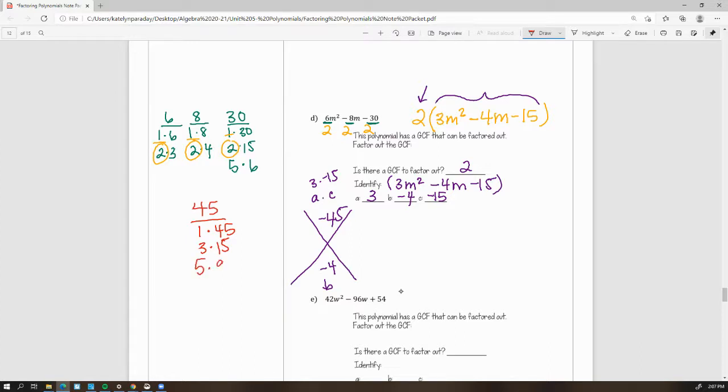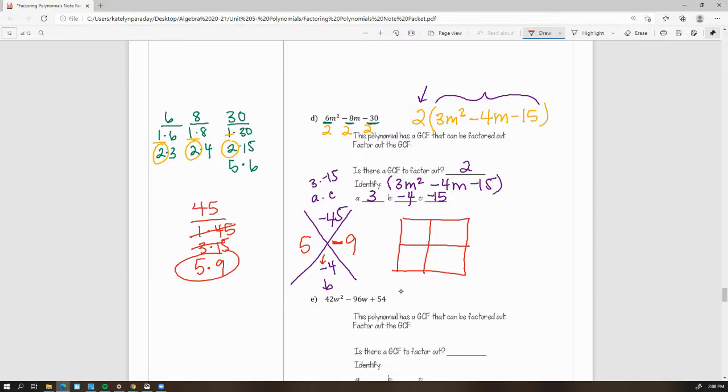So 5 times 9. When I get there, this is way off. This one's not going to give me 4, so I know it's got to be this one, 5 and 9. And remember I said the bigger number has to be the sign of B. So it's going to be -9. Again, this will just take some practice for you to get used to using the factor sheet or the mental math, figuring that out in your head.